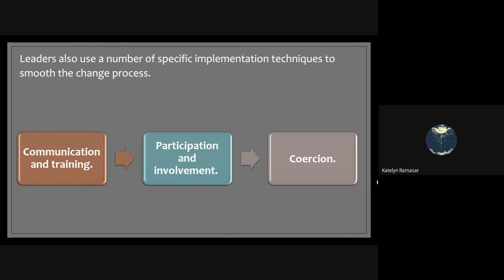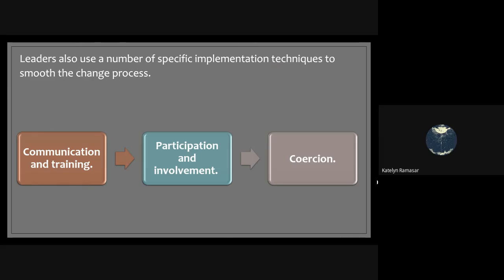Communication and training. Open and honest communication is perhaps the single most effective way to overcome resistance to change because it reduces uncertainty. It gives people a sense of control, clarifies the benefits of change, and builds trust. Participation and involvement. Participation involves followers in helping to design the change. Although this approach is time consuming, it pays off by giving people a sense of control over the change activity.